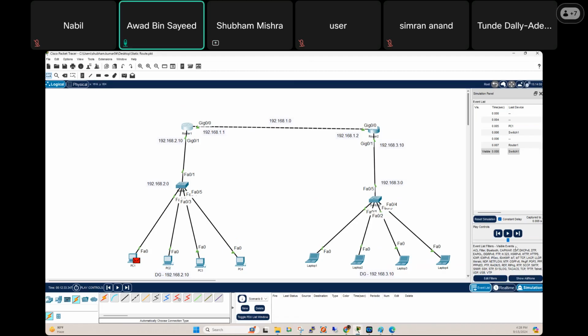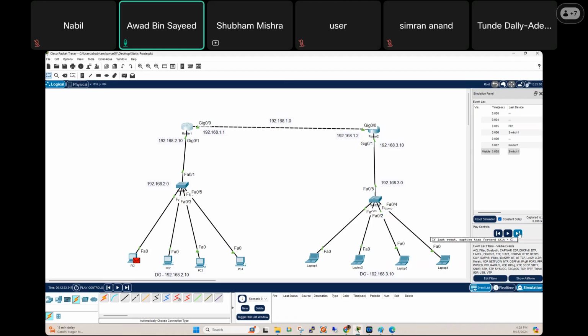And for intranet, generally static routes we are providing. Static route means, if you have a particular destination and you want to forward the route there, in that case we are using static routes.